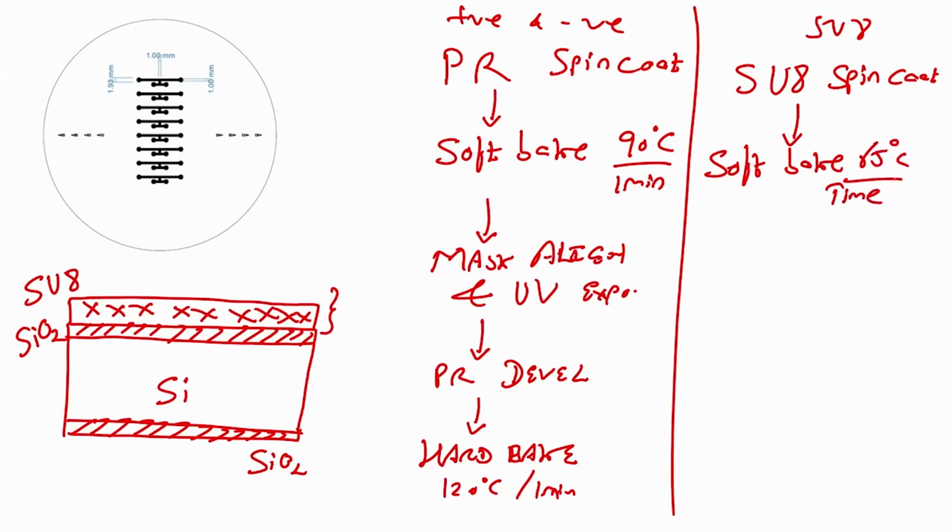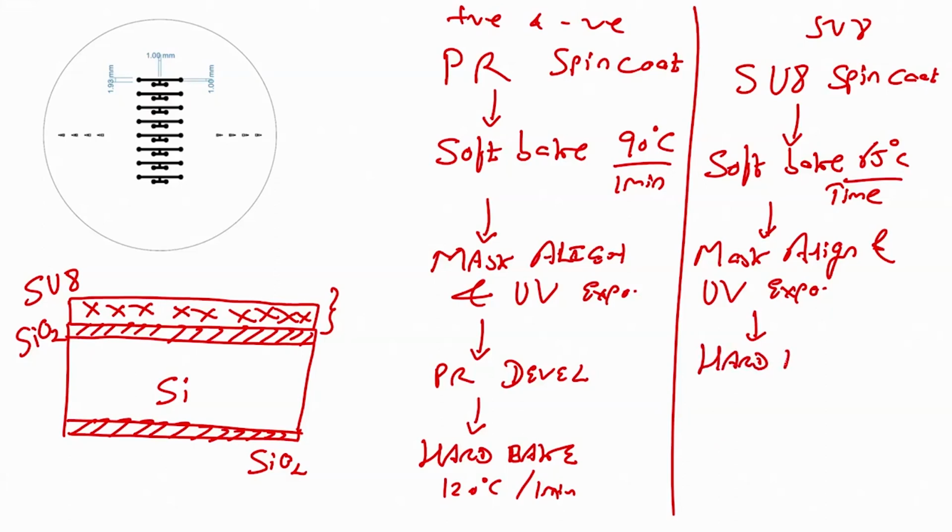I told you time depends on the thickness. Next step would be mask align and UV exposure. Next step is hard bake, 95 degree centigrade for some time, depends on thickness. Then comes PR developing.